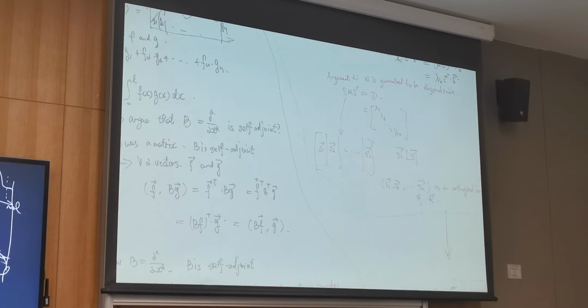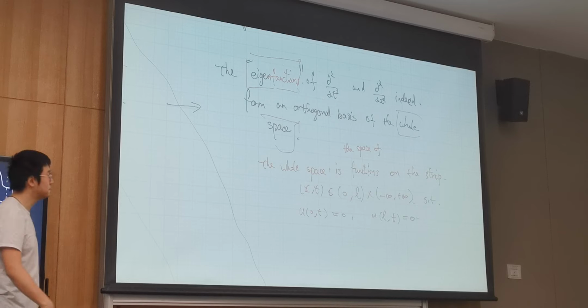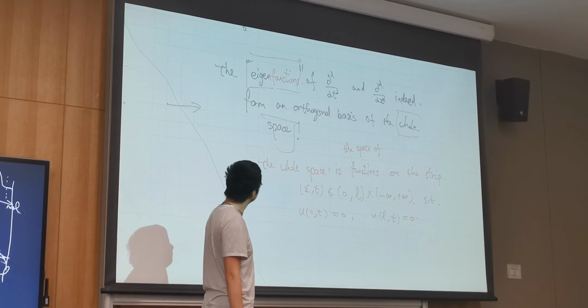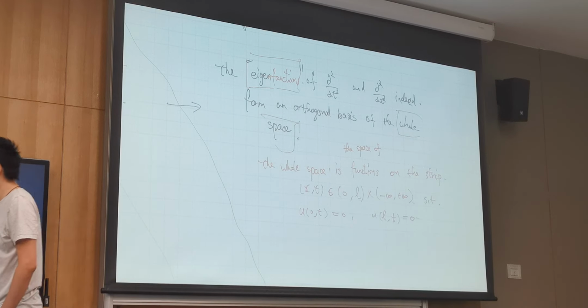So the space of functions on the strip such that u(0,t) always equals 0, and u(L,t) always equals 0. So that's good.